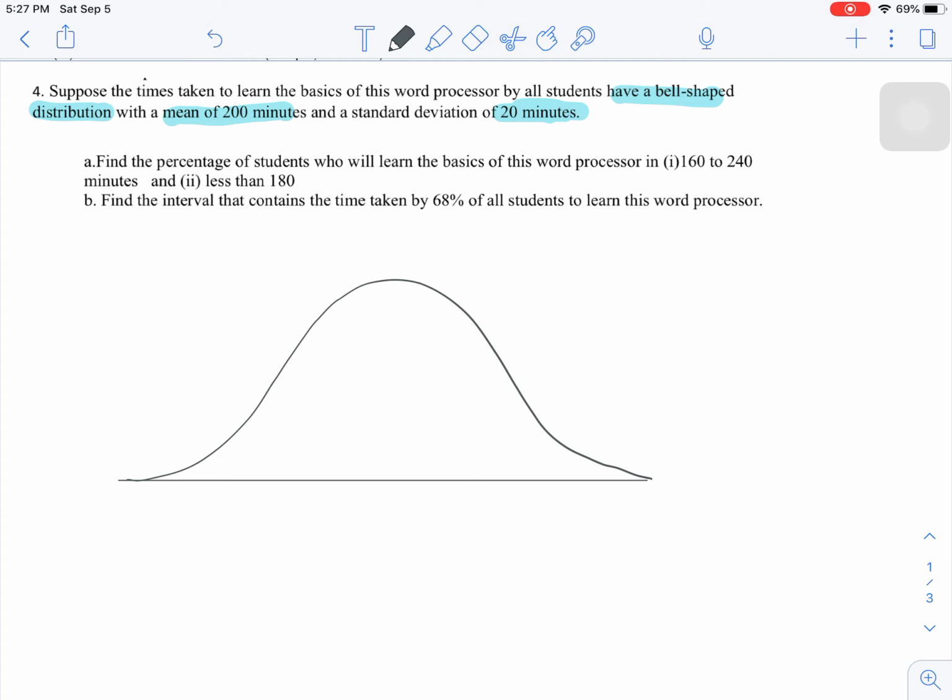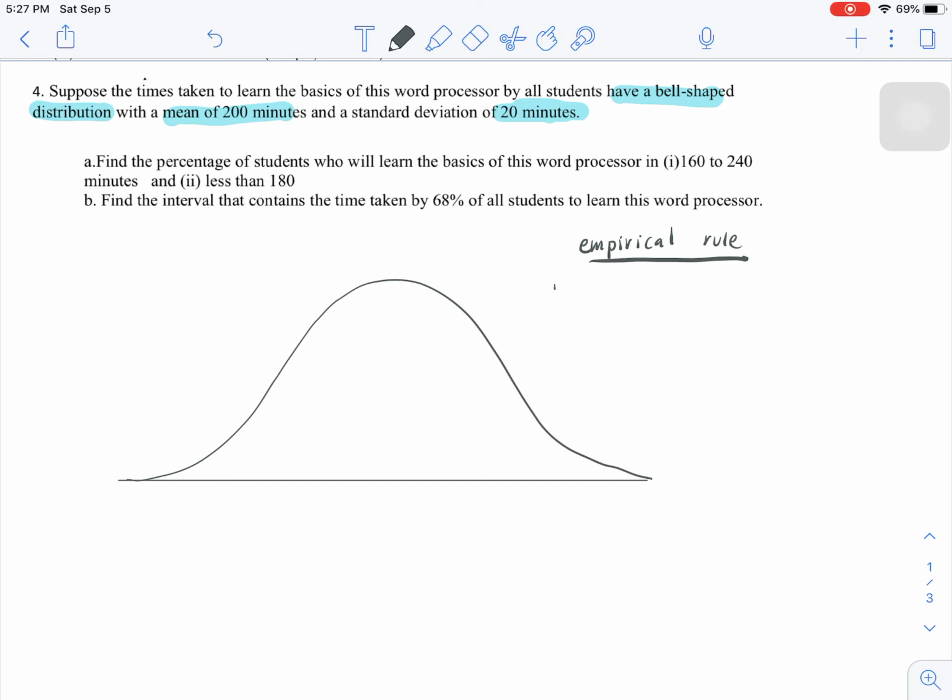So we have a bell-shaped curve, and we want to figure out the percentage of data points in some interval. So that tells me that I want to use the empirical rule. And what does the empirical rule say? Well, it says three things.